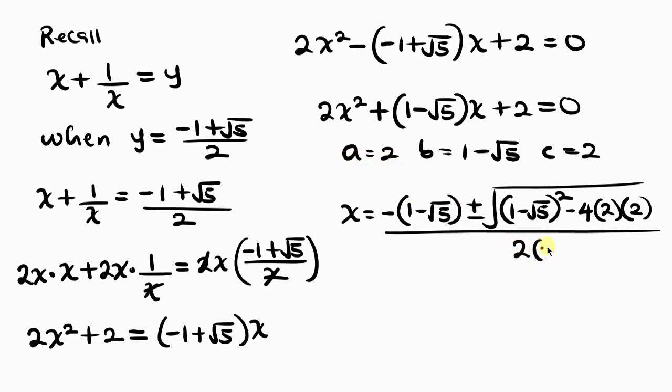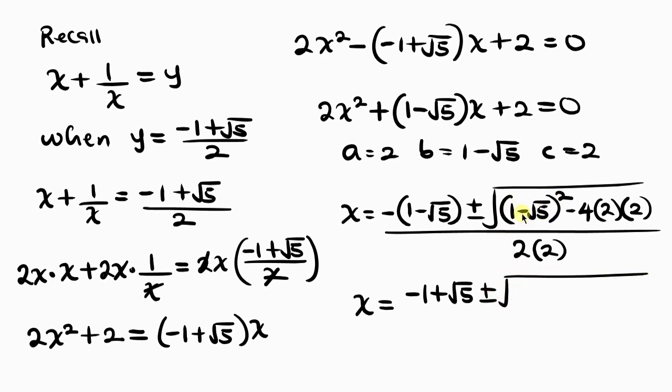Now simplifying further, we have x equal to, I'm going to be using this negative to open up the bracket, so that we have negative 1, minus times minus is plus, square root of 5, plus or minus the square root of.